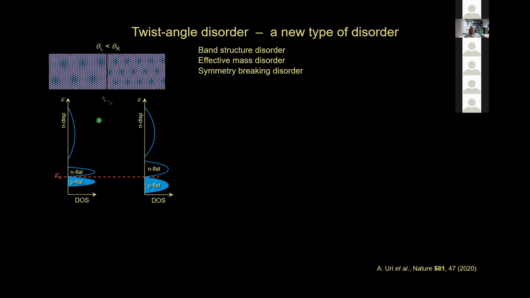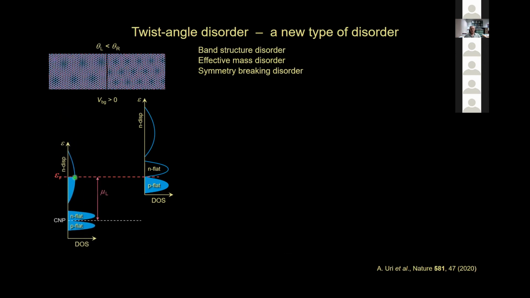However, now that we increase the backgate, we start filling up the density of states. So for example, we apply some voltage so that we fill the states here up to some chemical potential, determined by the total carrier density induced by the applied voltage and the capacitance. In this region of the sample, we'll have the same voltage and the same capacitance.